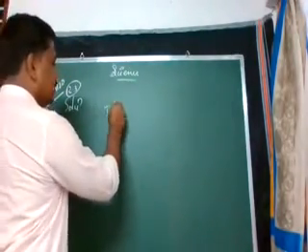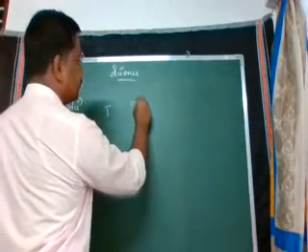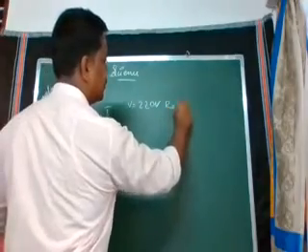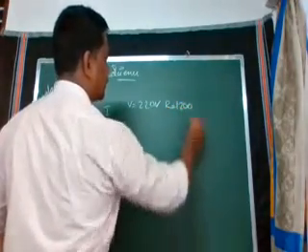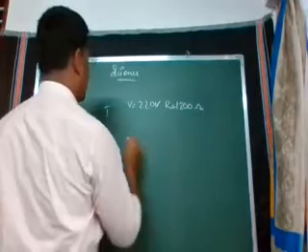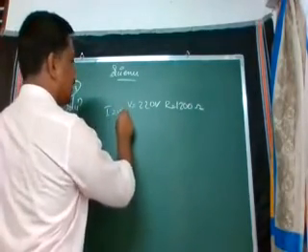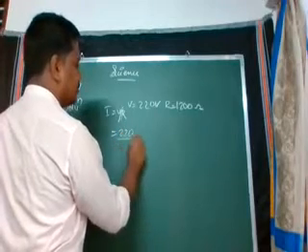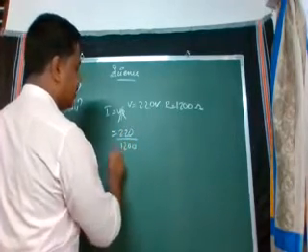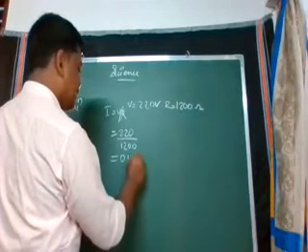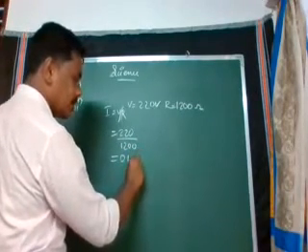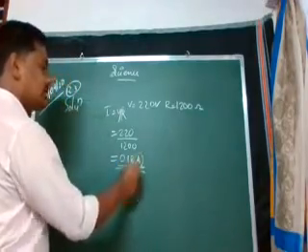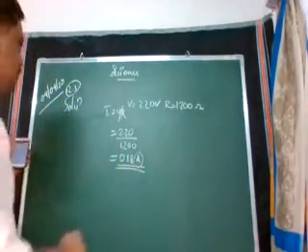We want to find I, given that V is equal to 220 volt and resistance is equal to 1200 ohm. Then I is equal to V by R, 220 by 1200, which will give 0.18, and we have to give the unit. I forgot to give the unit, so I wrote it once again.